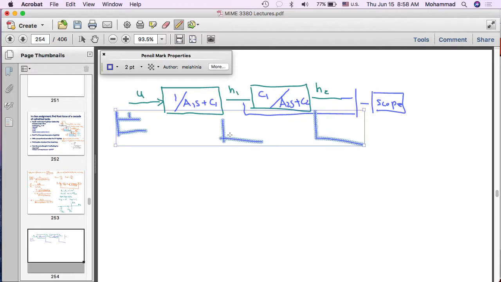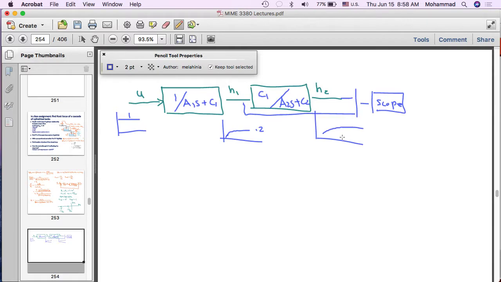So this starts from here and goes to 0.2 quite quickly. This is H1. But H2, even though the trend is similar, takes much longer, 5 times longer, to reach a steady state value for H2.